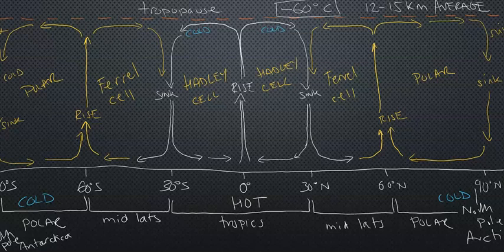So the simple heating and cooling of air in the troposphere from the equator, because the equator is heated more than the poles, and you have this differential heating, you have these 3 symmetrical convective cells that form in the troposphere called the Hadley, which is around the equator, the Ferrel in the mid-latitudes, and the polar, obviously in the polar regions, that form to move heat, and that requires air.